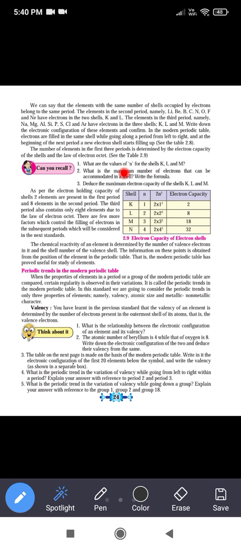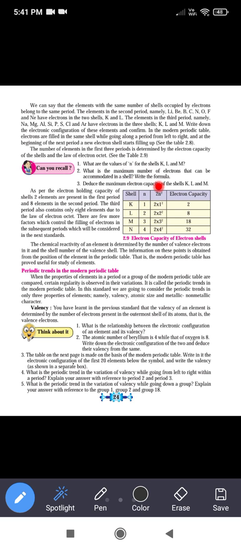What are the values of n for the shells K, L, M? The value of n for the K shell is 1, for the L shell is 2, and for the M shell is 3.